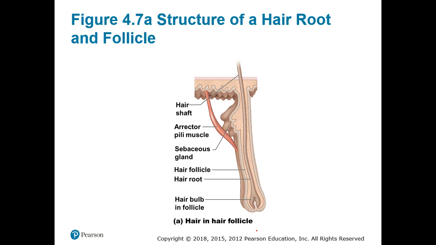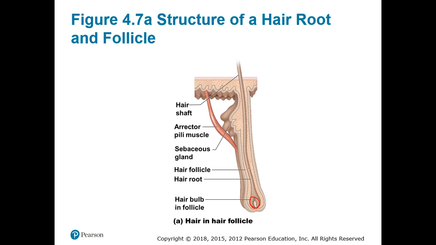Here's a picture of the structure of a hair root and follicle. So down here, the whole entire thing is a follicle. Down here, this layer right here is going to be your growth layer, where you're going to be creating more cells so your hair grows.